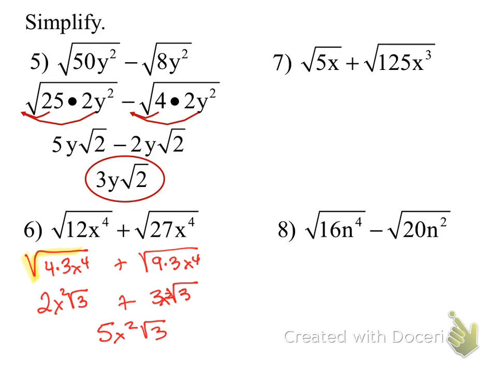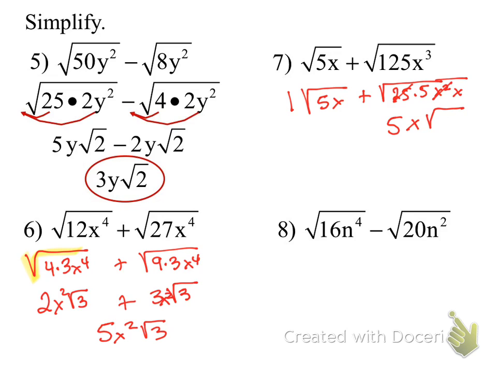Next one. I have a 5x, and in here is a 1. Outside is a 1. The 125, how do I break it down? 25 times 5. Did you say times 25? No, I said 25 times 5. Okay. And then we have x squared times x. So this is then going to become a 5. I can take a 5 out, and I can take an x out.